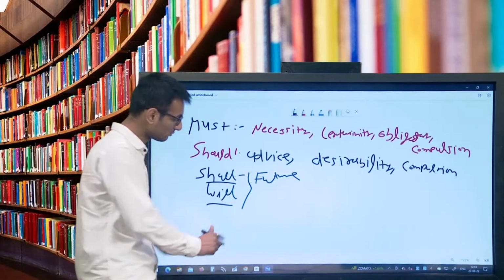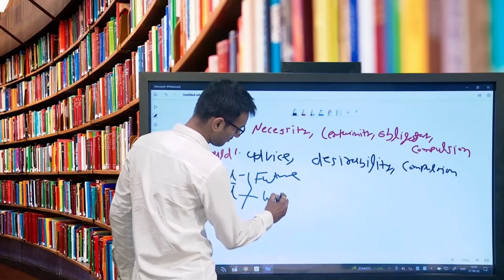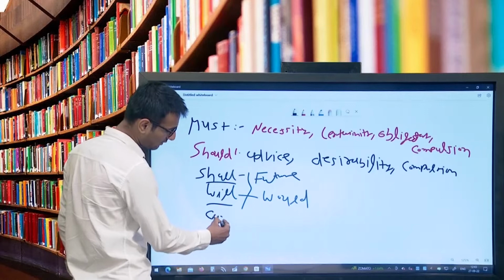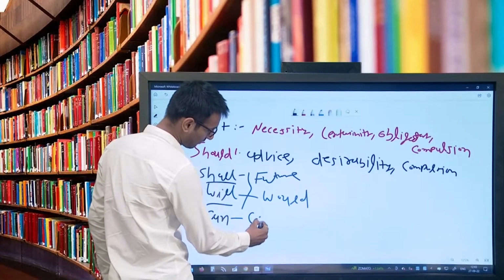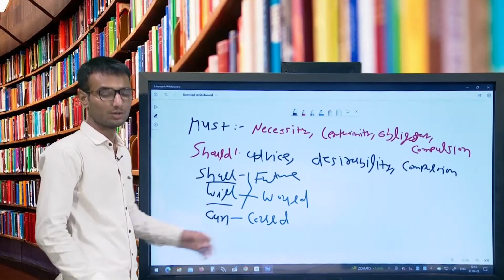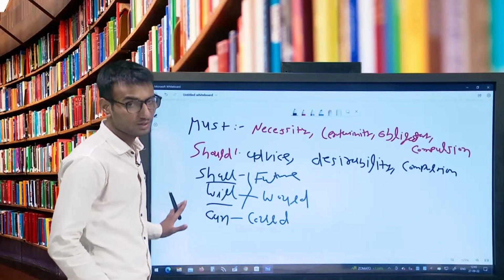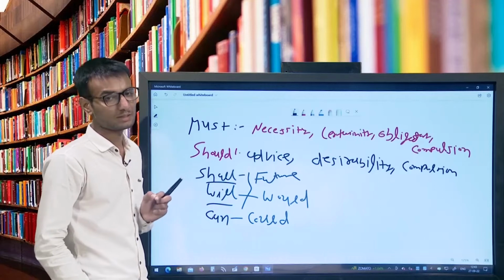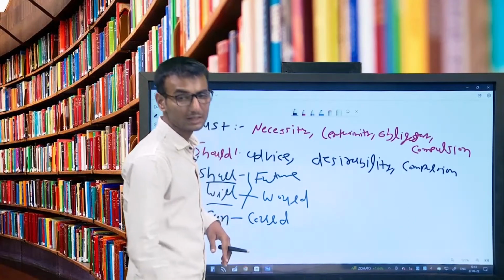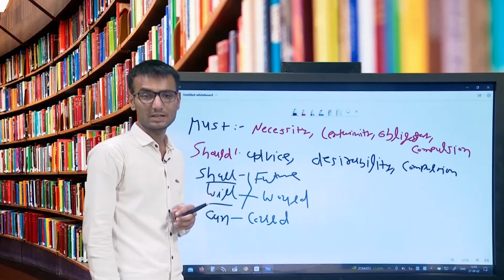Will becomes would, right? And there is also another one, can. What happens to can? It becomes could. So these are modal auxiliaries, and each and every modal auxiliary has some purpose. Like first we see must, so it shows necessity, certainty, obligation, and compulsion.